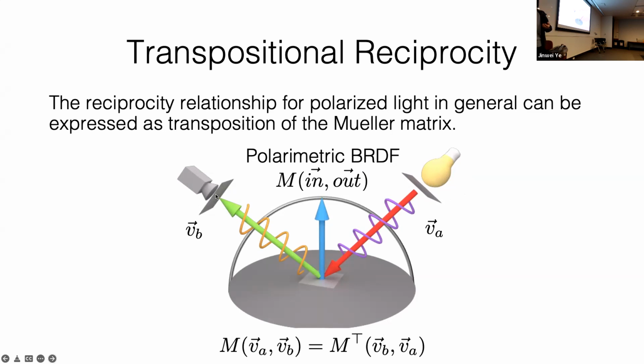These two M are both 4 by 4 matrices. They represent the reflectance when the light paths are switched, and they follow a transpositional relationship, meaning that one is the transpose of the other. The original version is sort of a simplified version of this, because in that version there's only intensity, and the intensity is only the diagonal of this matrix.